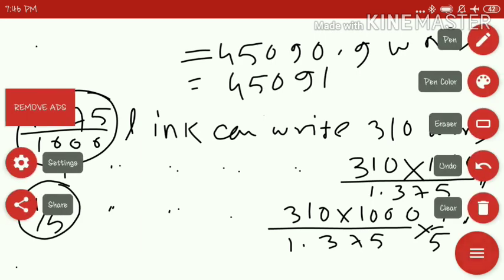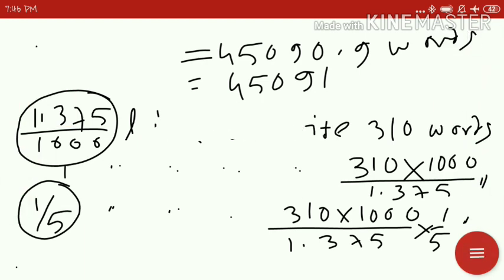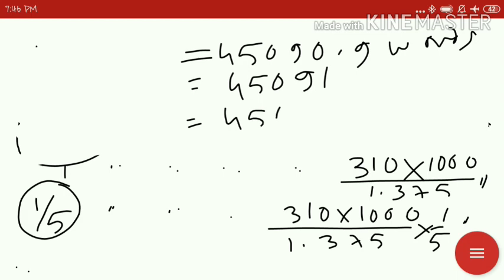But if I take this as nearest to its 100 multiple, you will see that it will be 4600, because 91 is much closer to 100, as we are asked to find the nearest 100 multiple, that means 4600.